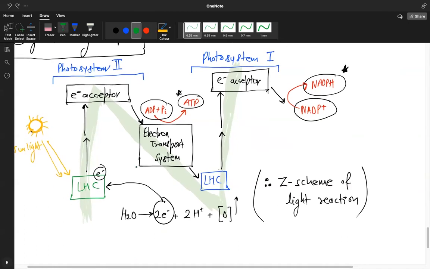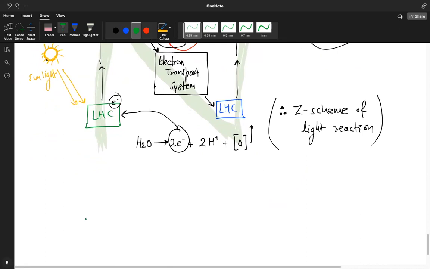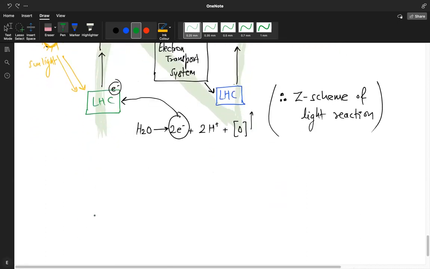So remember these LHC have these pigments. Remember I told you that there are light harvesting complex cells which have pigments, photons fall on them. Let me draw it here. So these are the cells of the LHC. Whether it is the first or second LHC does not matter. These are the pigment cells. Then photons fall on it.